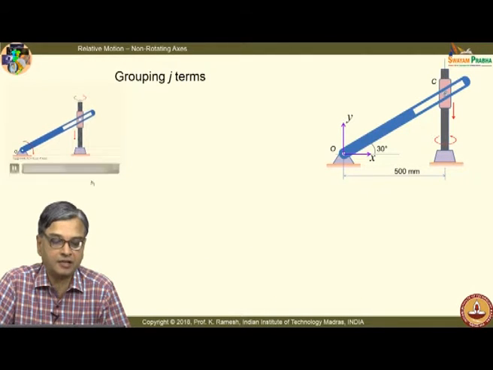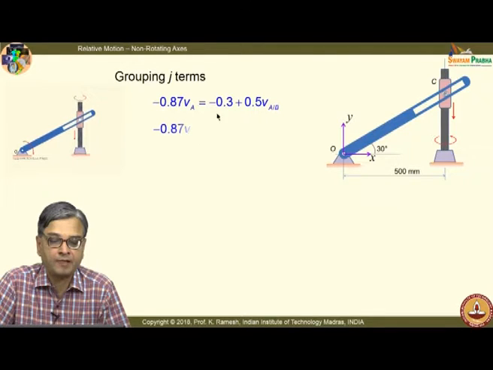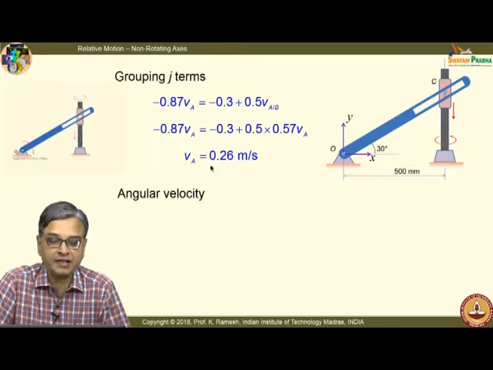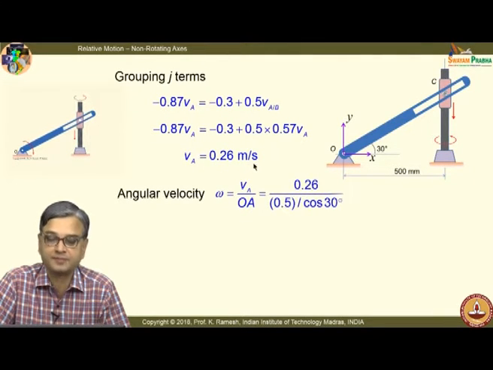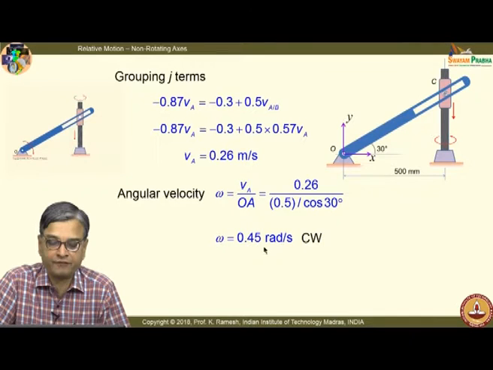So, grouping j terms, I get this expression, and from this I am in a position to get the velocity VA as 0.26 meters per second. I can also find out the angular velocity, that is 0.45 radians per second clockwise.